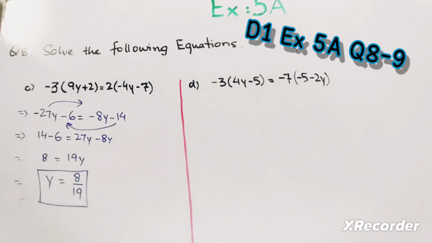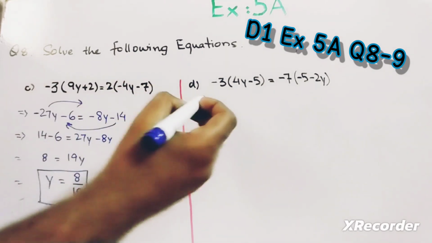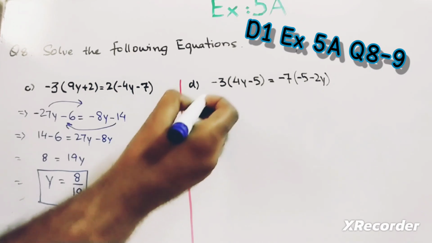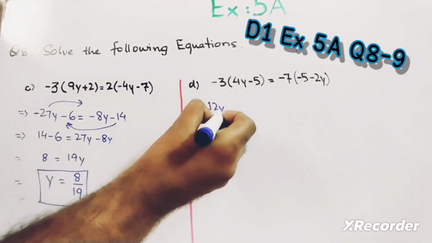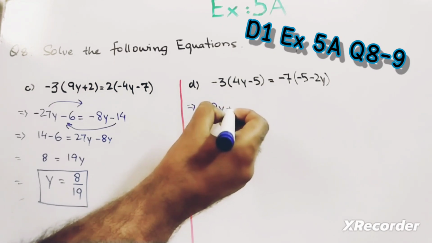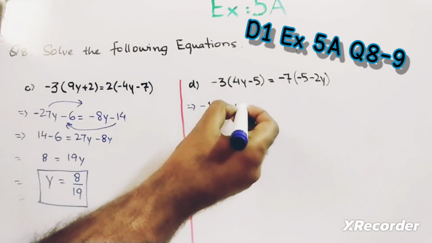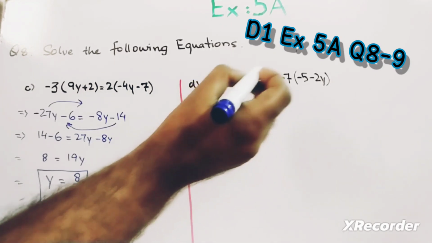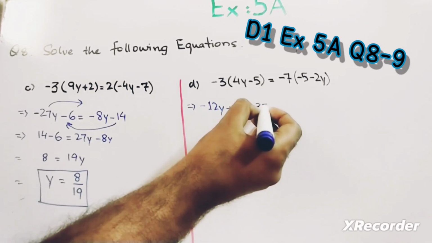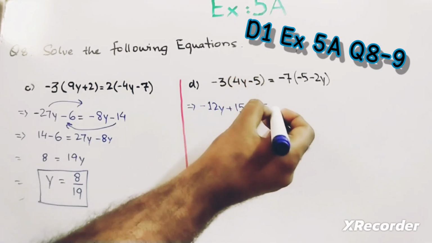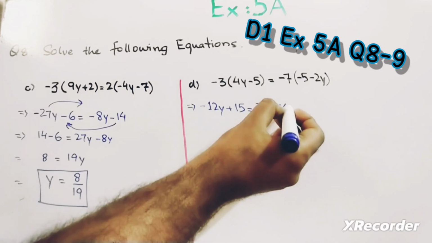Moving towards part D, minus 3 bracket 4y less 5 is equal to minus 7 bracket minus 5 minus 2y. Let's start by opening the brackets. Minus times plus 3 times 4y is 12y, minus times minus 3 times 5 is 15, is equal to minus times plus 7 times 5 is 35, minus times minus 7 times 2y is 14y.